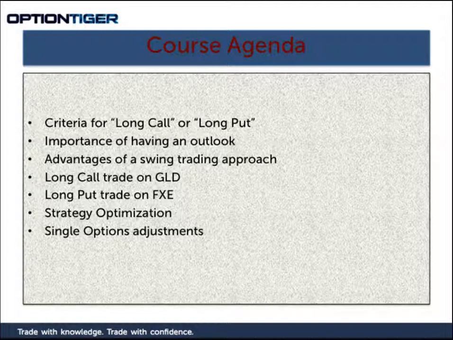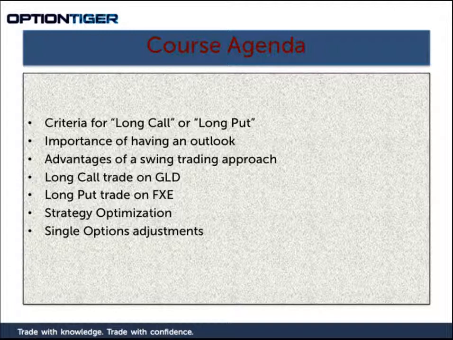So it's important for you to have an outlook for your stock. So what do we mean by that? If you're bullish about a certain stock, then there must be some reasons why you're bullish. And if you are bullish, then how long is that outlook valid for? It could be valid for a month, it could be valid for 3 months, or it could be valid for the long term.